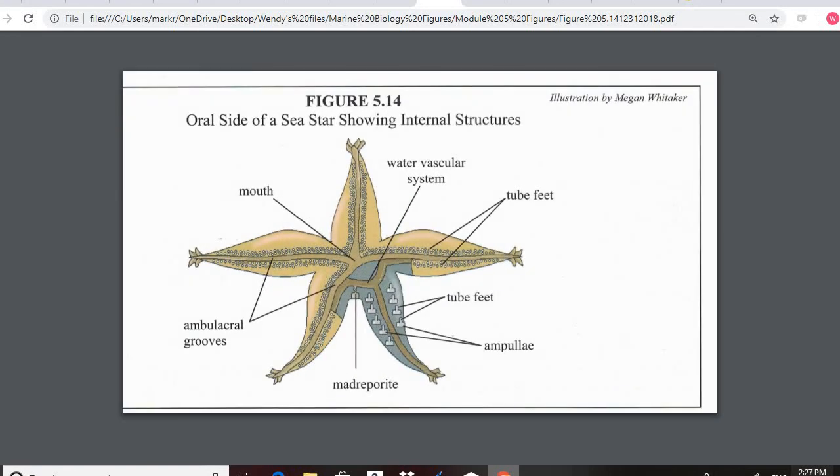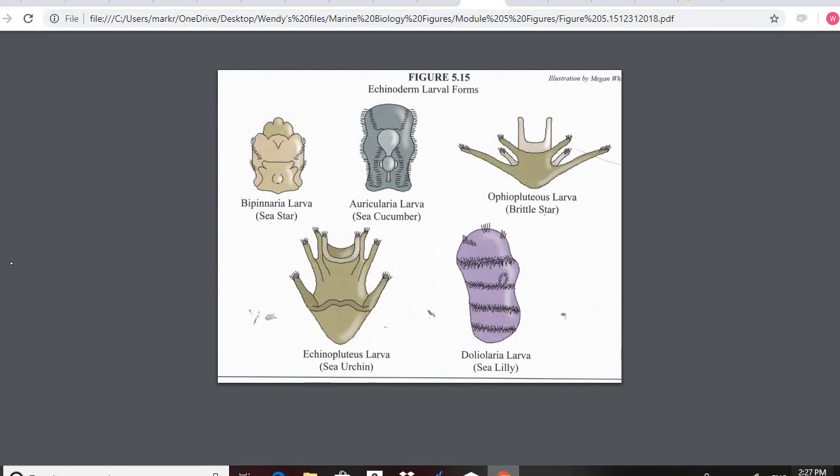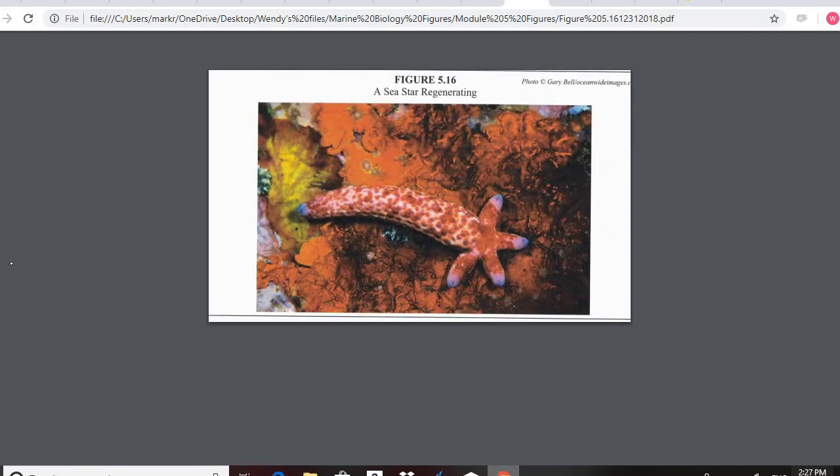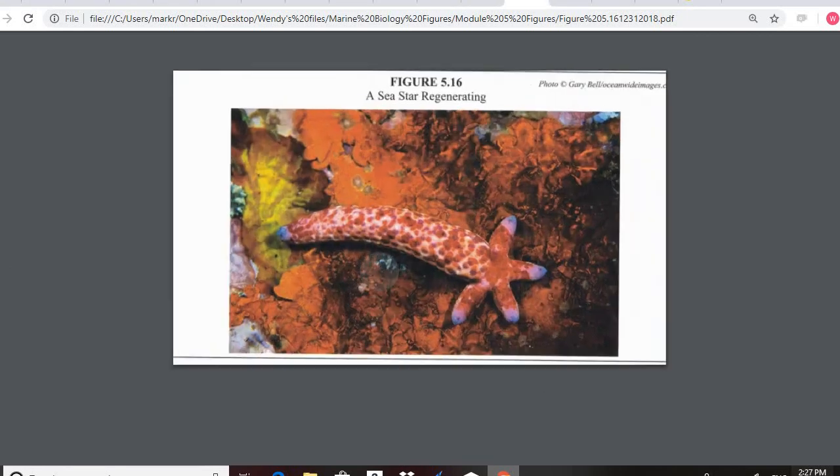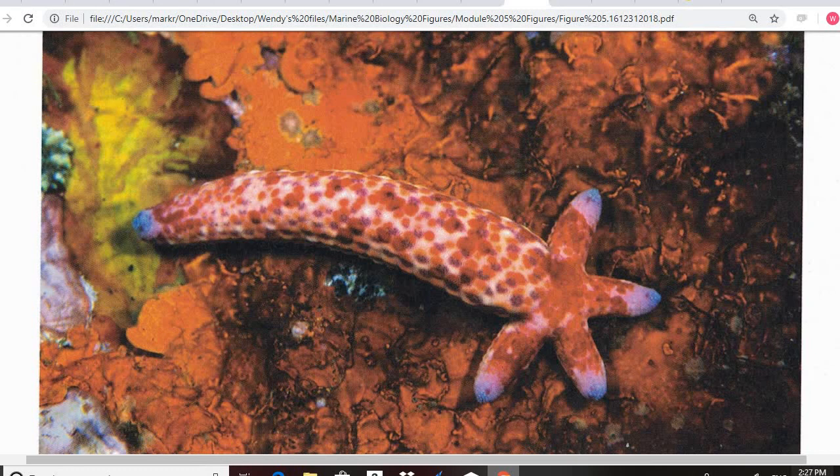Remember I mentioned this water vascular system that the sea stars have. They are able to pump water into their system and move in that way. Oh, here's a sea star that's regenerating. They've lost one of the arms, and they will then regenerate from that lost arm.